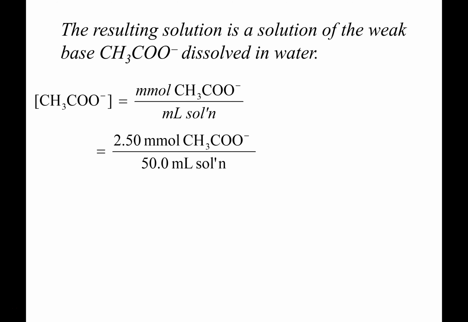Kb is equal to the molar concentration of CH3COOH times the hydroxide ion divided by the acetate ion. This equilibrium constant expression only works with molar concentrations. It does not work with moles. Otherwise, the Henderson-Hasselbalch equation has that option. This does not. So the molar concentration is 0.0500 molar for acetate ion. Yay!